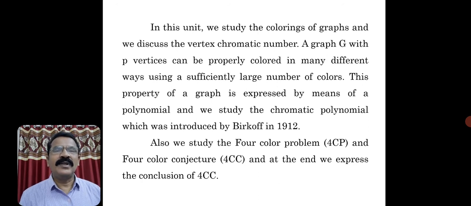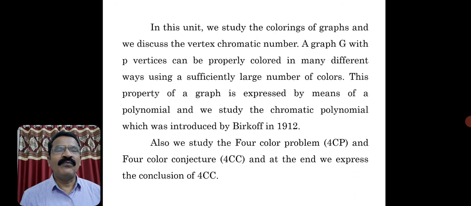This property of a graph is expressed by means of a polynomial, and we study the chromatic polynomial, which was introduced by Birkhoff in 1912. Birkhoff was a mathematician, a graph theorist.